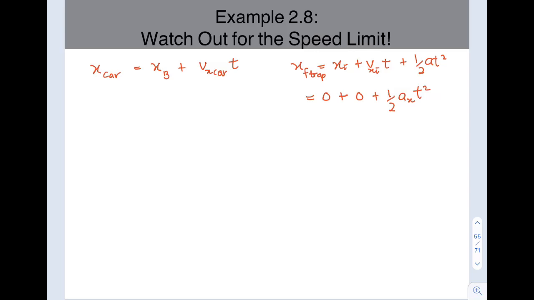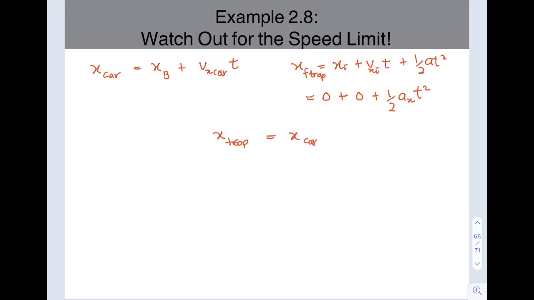And the condition for the overtake to happen is that x of the trooper must equal the final x position of the car.